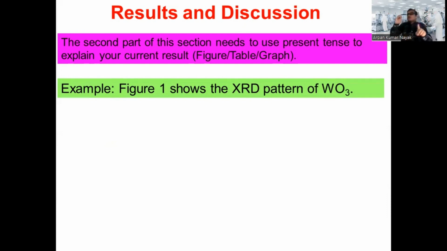So Figure 1 displays, shows, or demonstrates the XRD pattern of this sample. Then you explain what is inside the figure, which peak is the highest intensity, and everything you can explain in detail here in the present tense format.